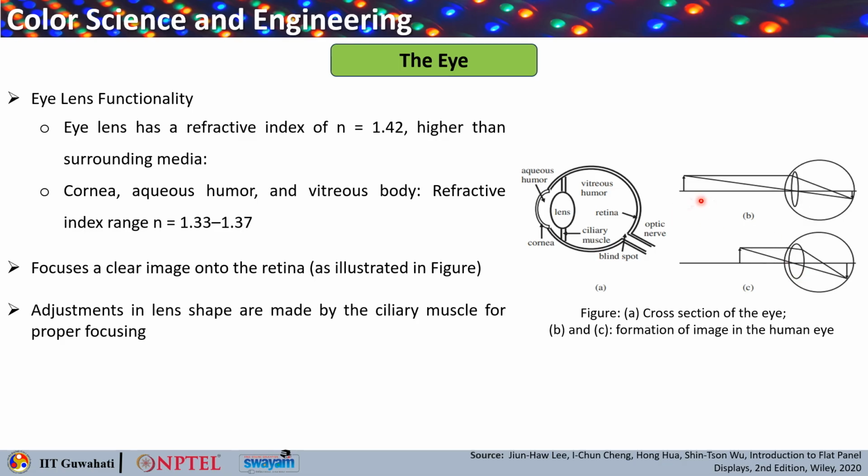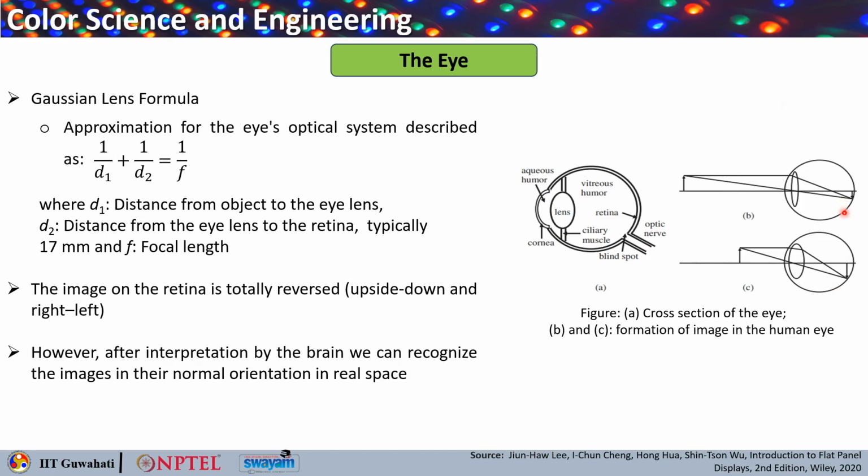This is done using the ciliary muscle, which can stretch the lens, or relax and make it like this. Whenever an image is being formed, you can apply the Gaussian lens formula. If you consider the eye's optical system, you can write 1 over d1 plus 1 over d2 equals 1 by f. This is the popularly known lens formula.